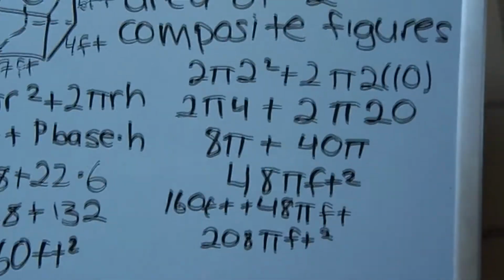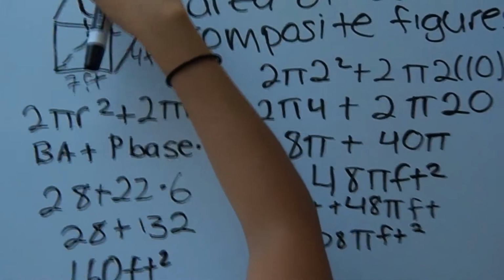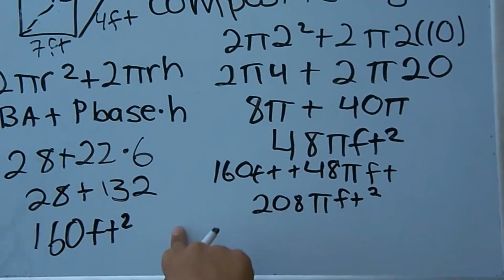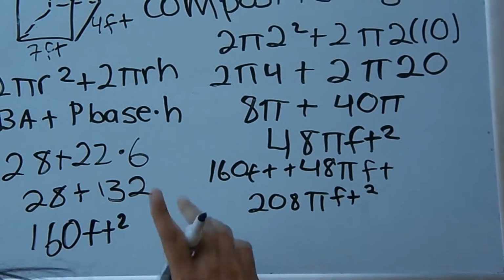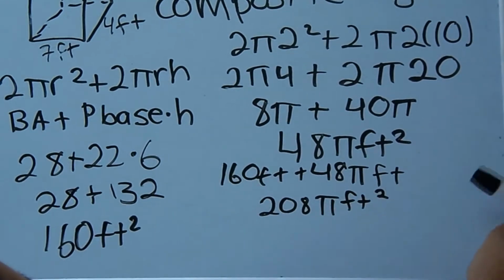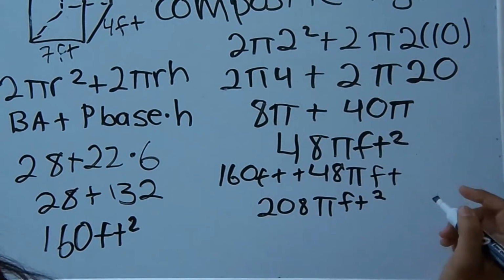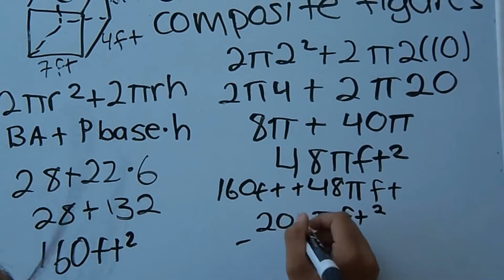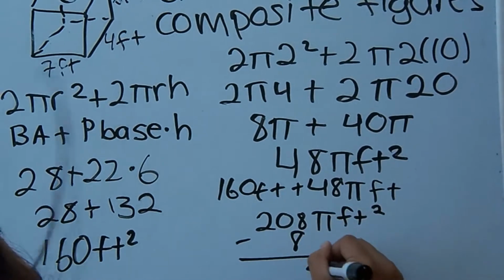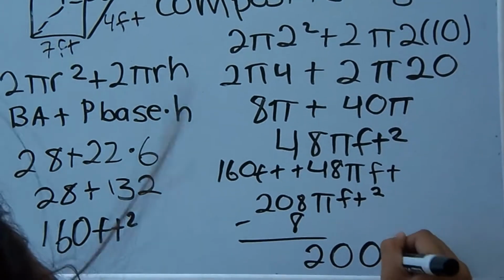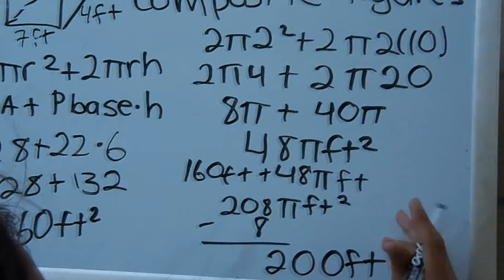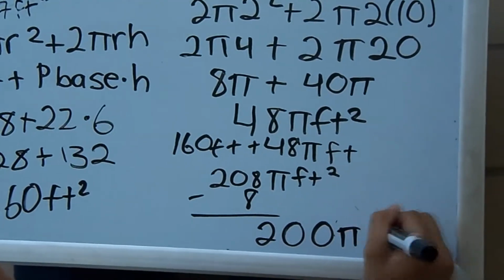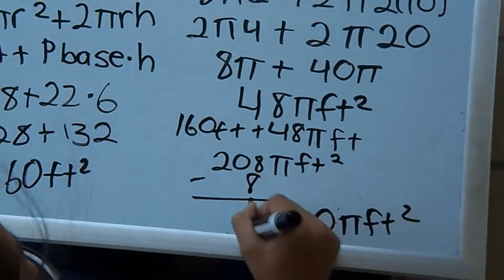And then, because it can be wrapped twice, you will now subtract the lateral area, which is this part right here. So you would just subtract 208 minus 8, and the answer would be 200 feet, or actually 2 pi feet squared.